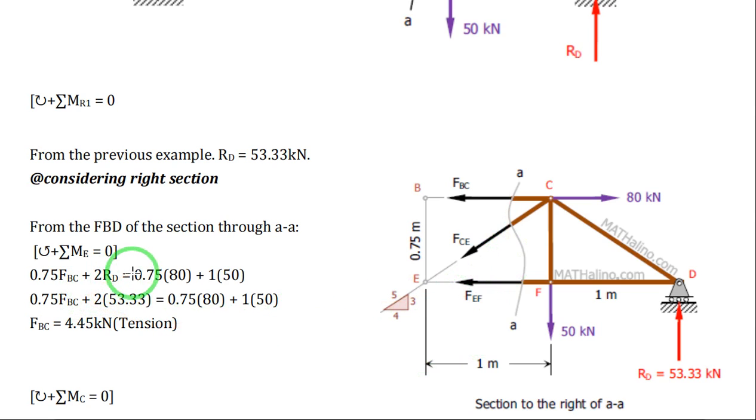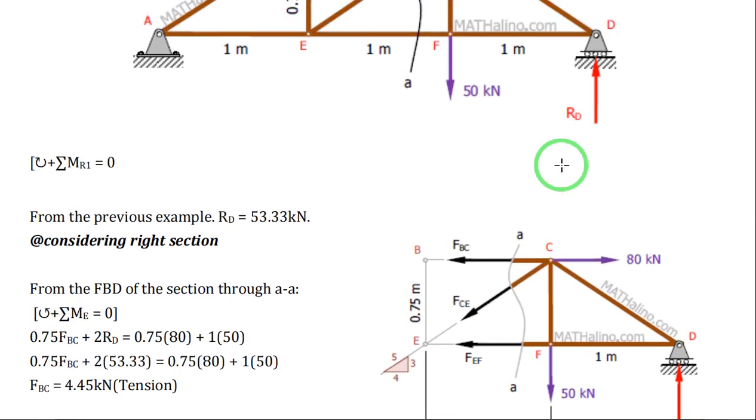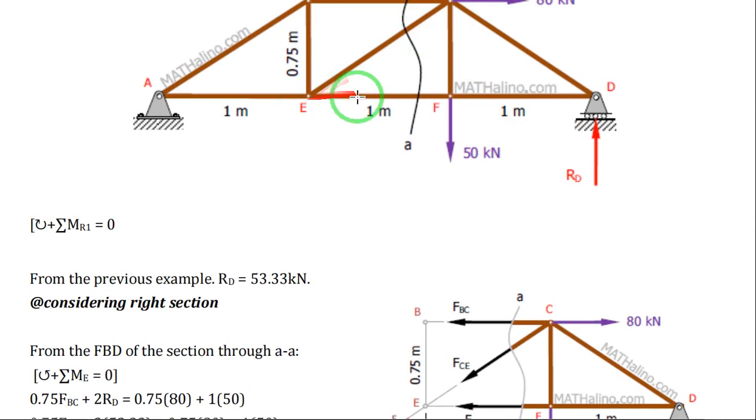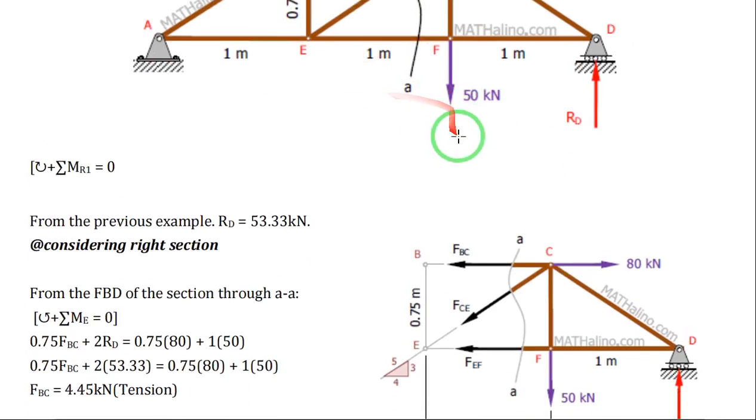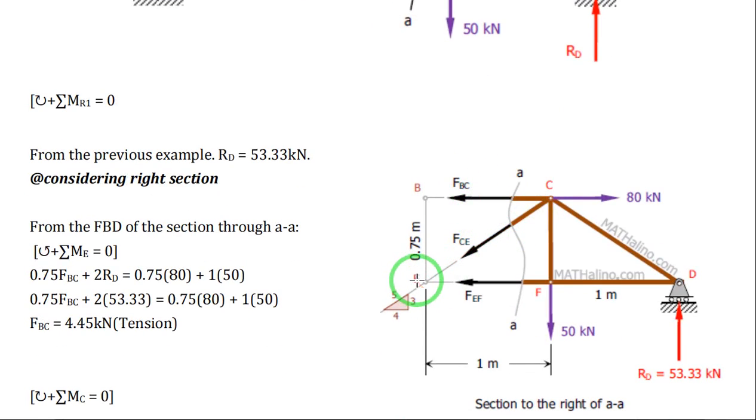From the FBD of the section through AA, we can solve directly the value of FBC by taking moment at point E. We project the forces so that they intersect at point E. If we take moment at point E, we can eliminate FCE and FEF, therefore solving directly the value of FBC.